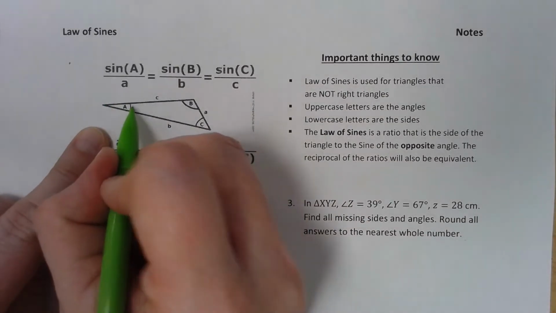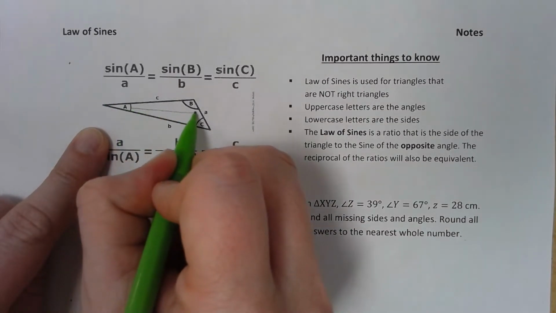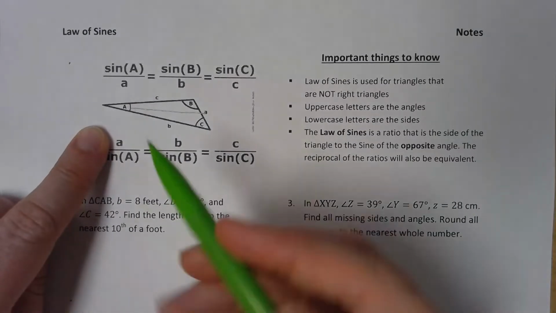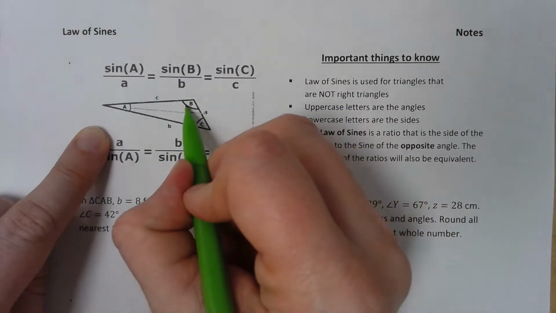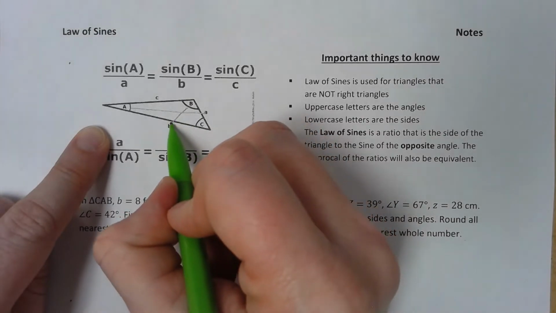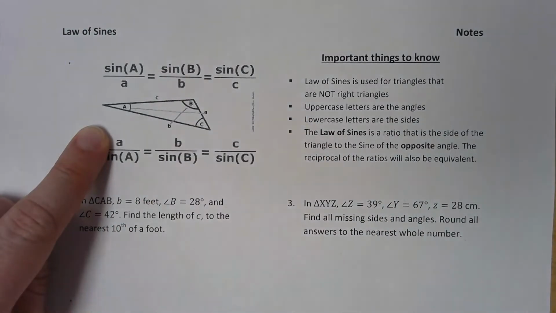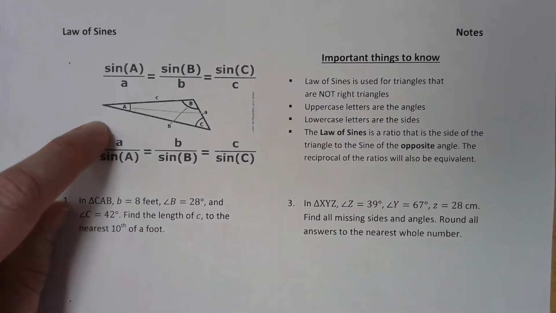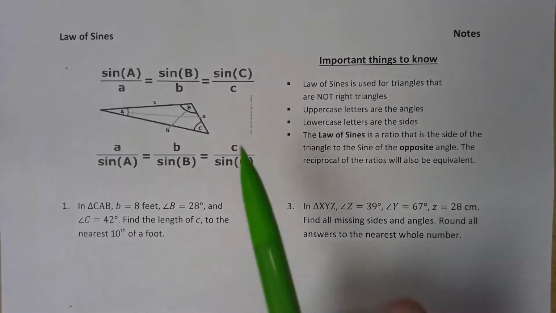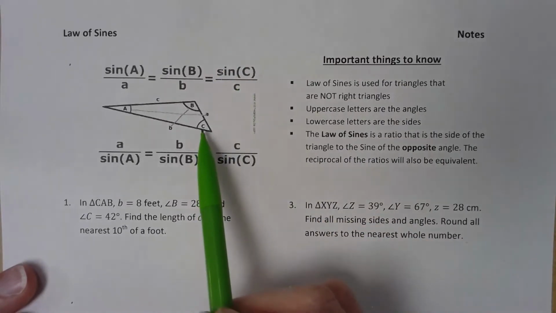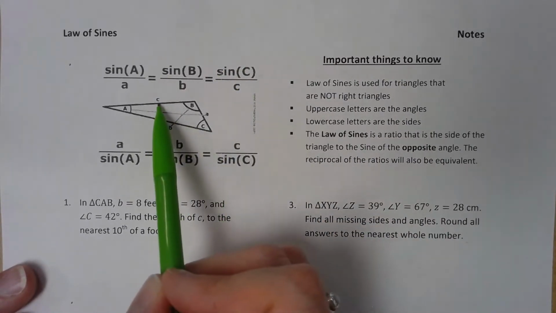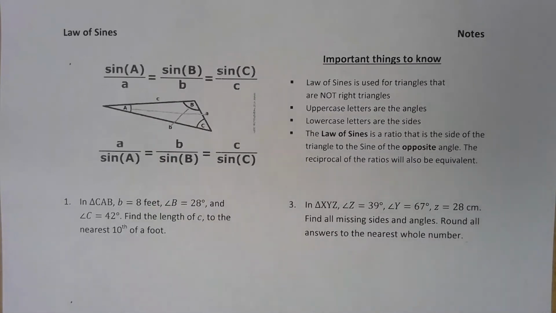So angle A, opposite of that will be side A. And then we have a ratio of sine of B, so our angle to our opposite side B. And you really only need two ratios at a time in order to solve the proportion, but it also is going to be congruent or equal to sine of C and its opposite side C.